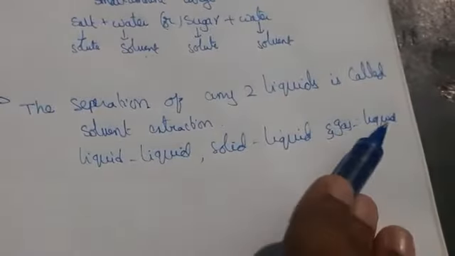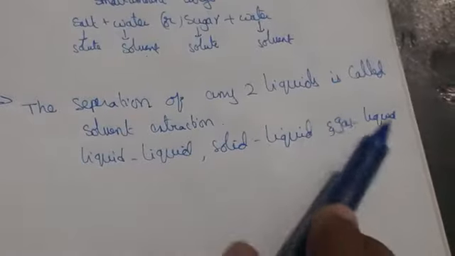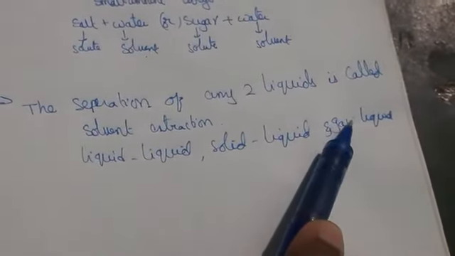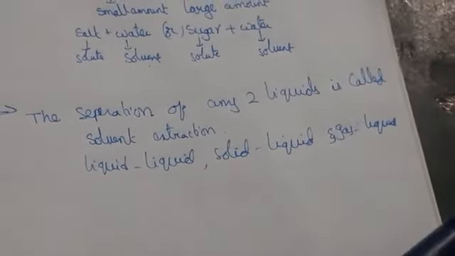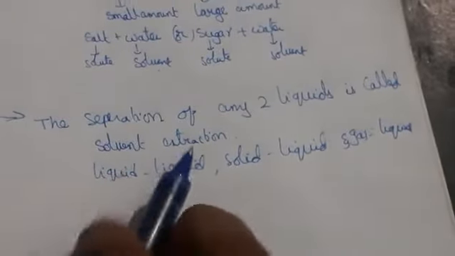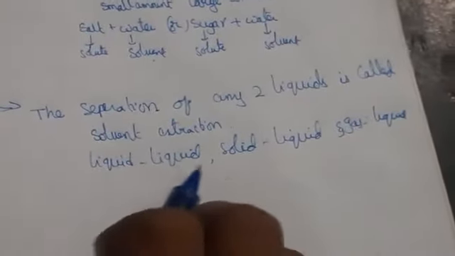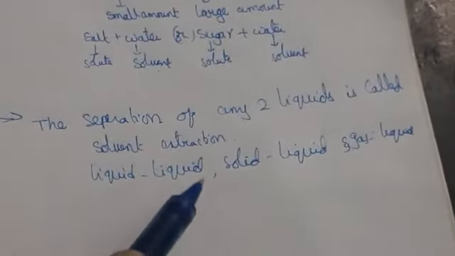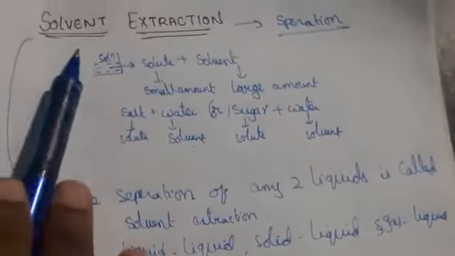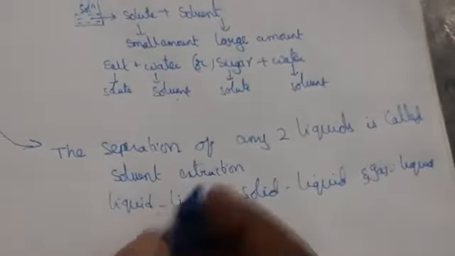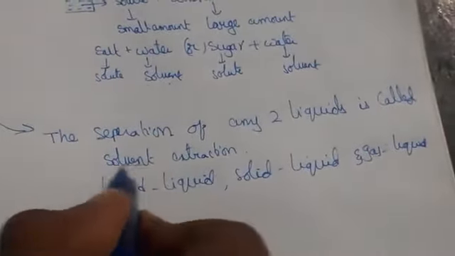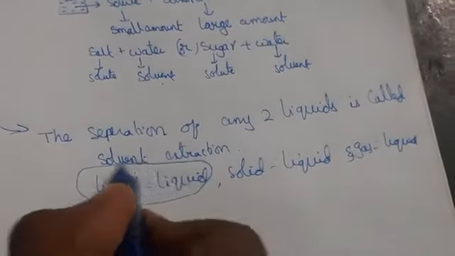That one we call it as Henry's law. So this one also we can separate easily. But coming to liquid, the soluble compound we cannot separate easily. Those type of things should be separated by solvent extraction. So that's why we are discussing mainly liquid to liquid extractions.